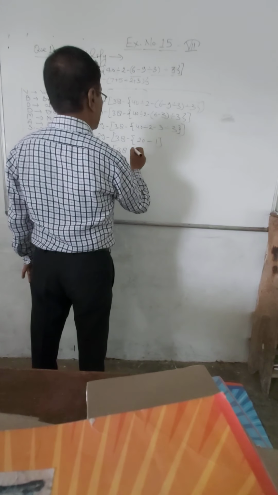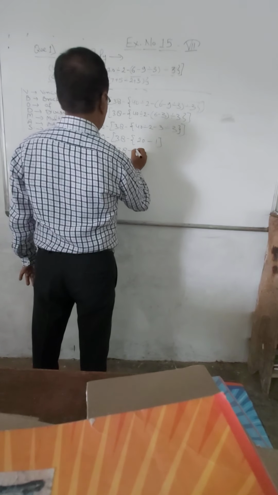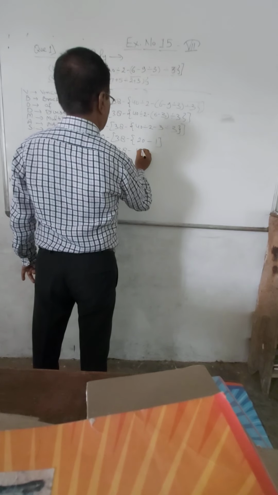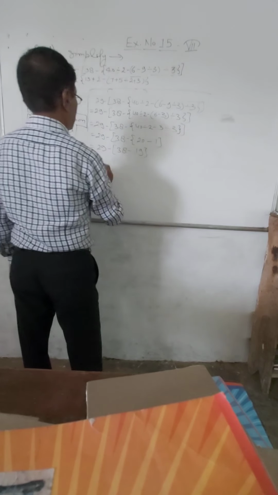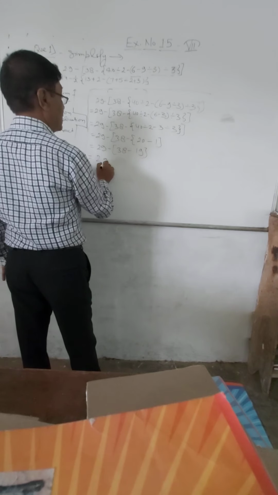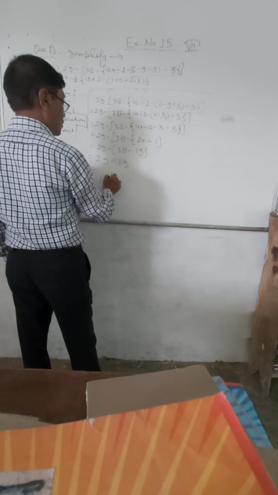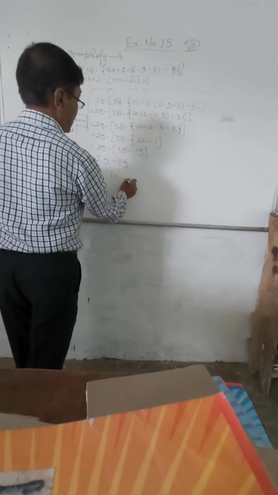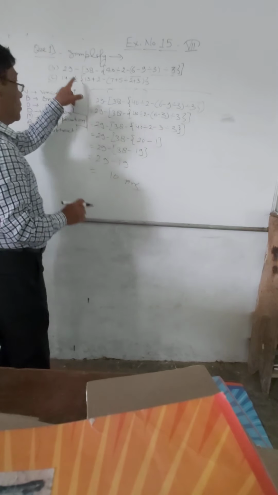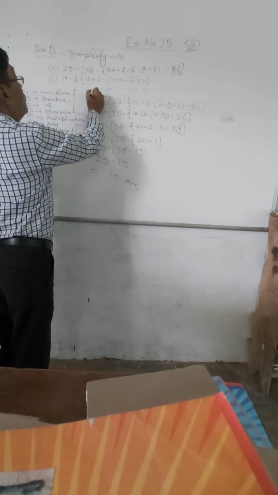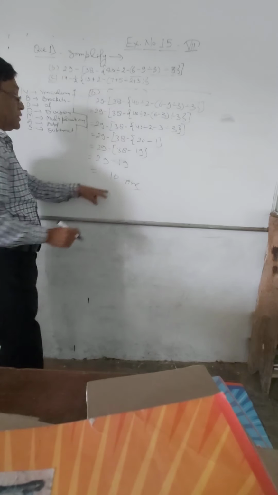So 20 minus 1, 19. 38 minus 19. So 29, 38 minus 19. So 10. So the answer will come for question number 1B in the book. Question number 1B. So the answer will come 10.